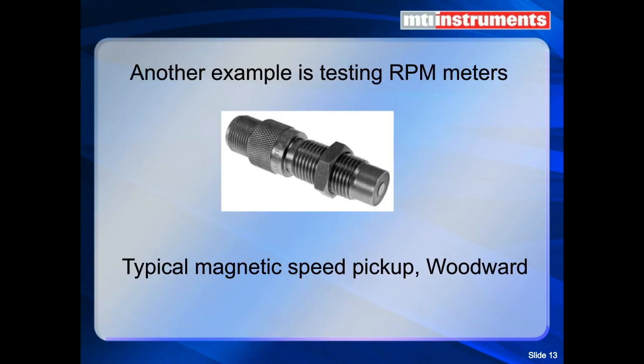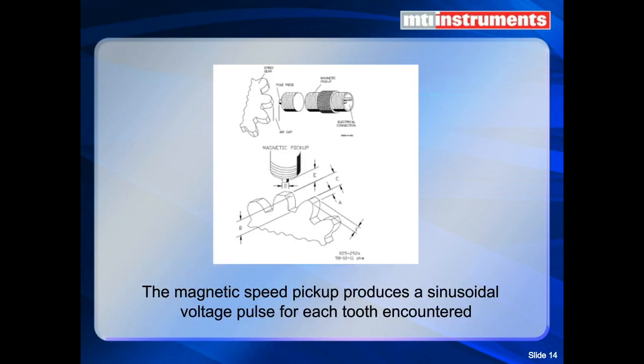Another example is testing RPM meters. What we're seeing on this slide here is a typical magnetic speed pickup. There's a pole piece in here and a coil, and as the gear tooth rotates in front of it, produces a voltage output pulse. We can see the magnetic pickup here is placed in fairly close proximity to the gear teeth, and these things generate a speed signal.